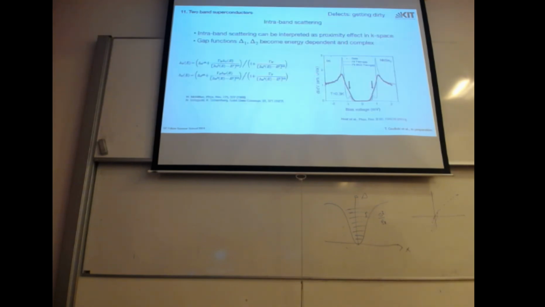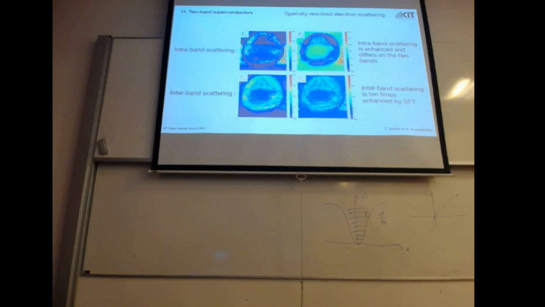And this is all reflected in the shape of the superconducting differential conductivity, and we can self-consistently solve that. What you see is intraband scattering, lifetime of band 1, lifetime of band 2. And we see this same band, band 1 to band 1, band 2 to band 2, and these defects change the scattering quite a bit.